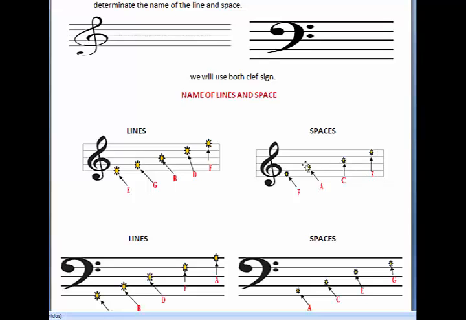Now this is for the clef sign, the G clef or treble clef. Let me put the name down for you; you have to know it. G clef, or treble clef.